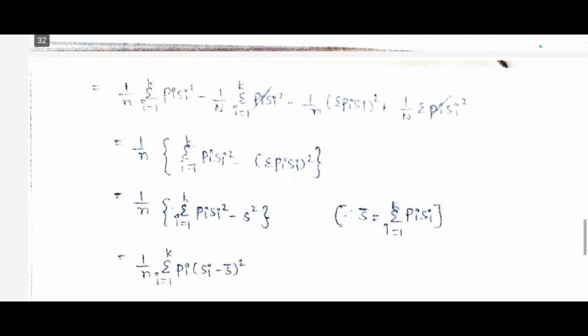Here, what is s bar? s bar is summation i runs from 1 to k of pi of si. So 1 divided by n into summation i runs from 1 to k of pi of si minus s bar whole square, you are substituting the s bar formula.